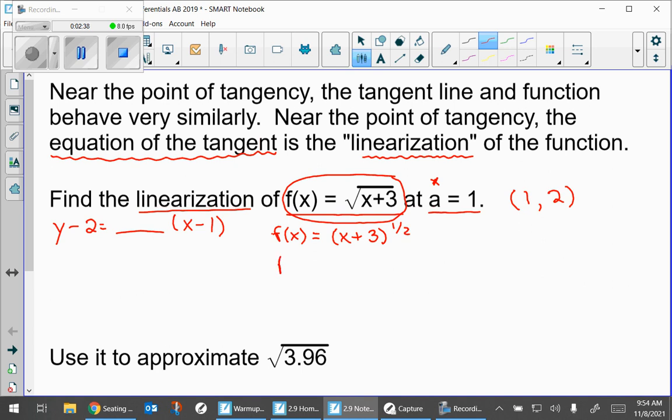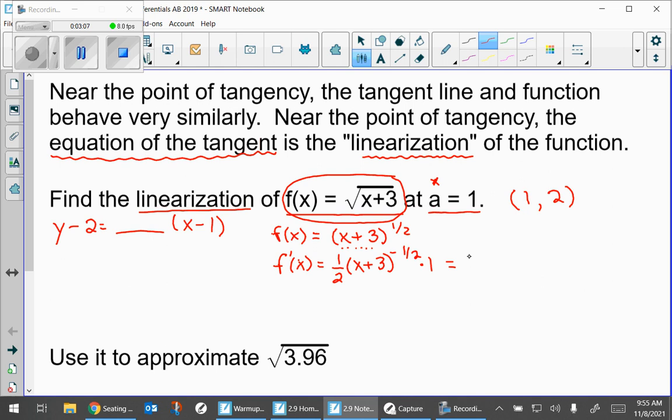So what's the derivative of that? We're going to have to bring the 1/2 around front. We're going to have an (x plus 3) to the negative 1/2, using that chain rule, times the derivative of what's inside. And what is the derivative of what's inside? Oh, sweet.